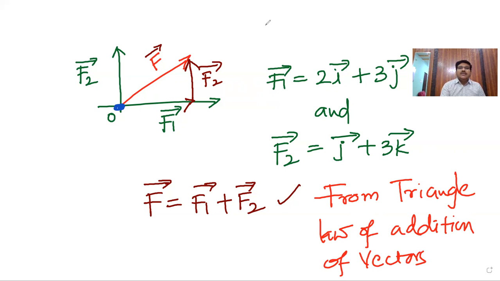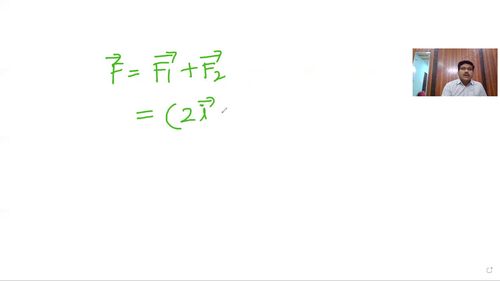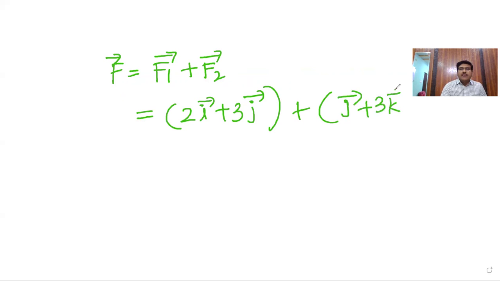Now just simply add both the vectors. Both are given, add them: 2i bar plus 3j bar, and j bar plus 3k bar. F bar is the first vector F1 bar plus the second vector F2 bar. First vector 2i bar plus 3j bar, plus second vector j bar plus 3k bar.